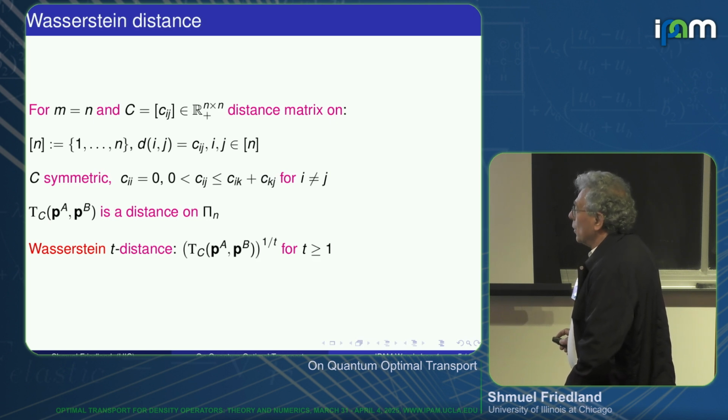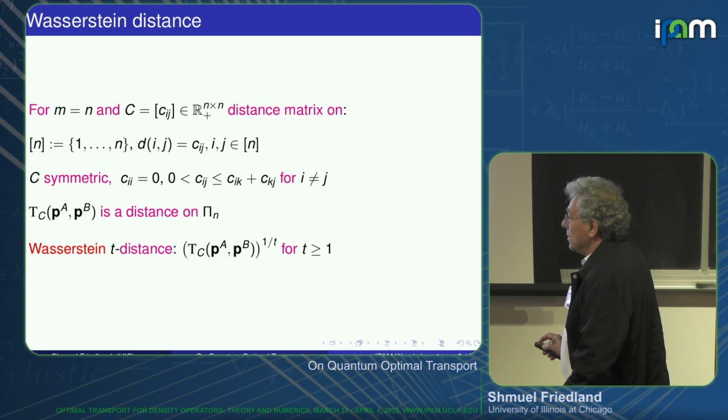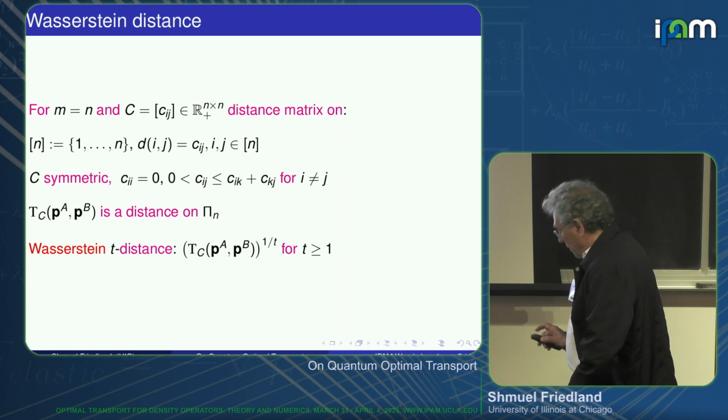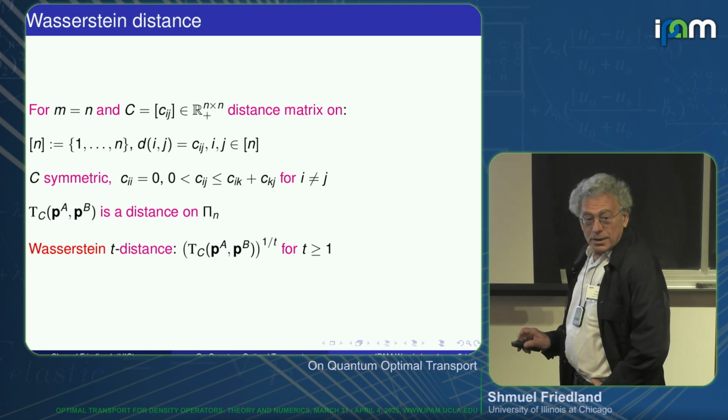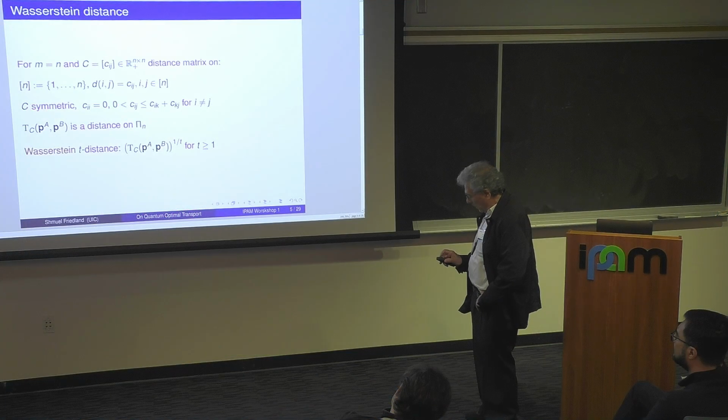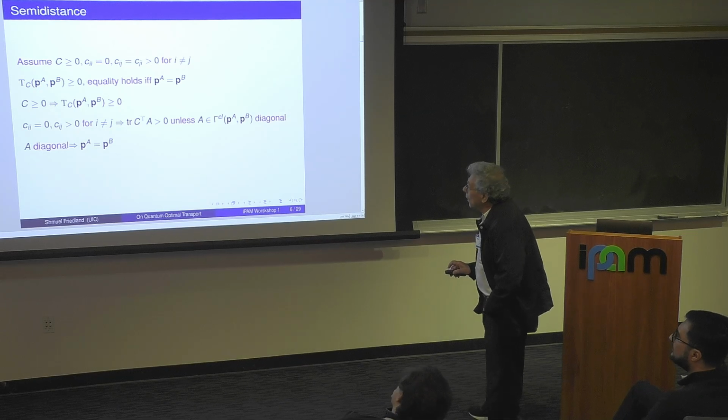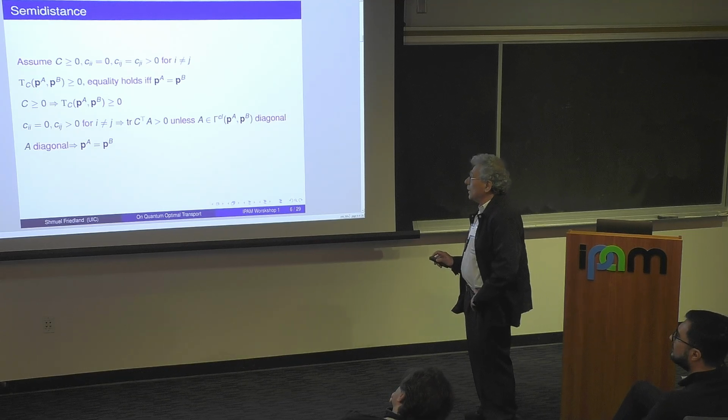This would be a distance for any t greater than 1. So for t equals 1, the optimal transport would be a distance if this C satisfies this inequality. Okay, next. Any questions here? Okay, no, okay. Next, so now if you don't have a distance, what about a semi-distance?